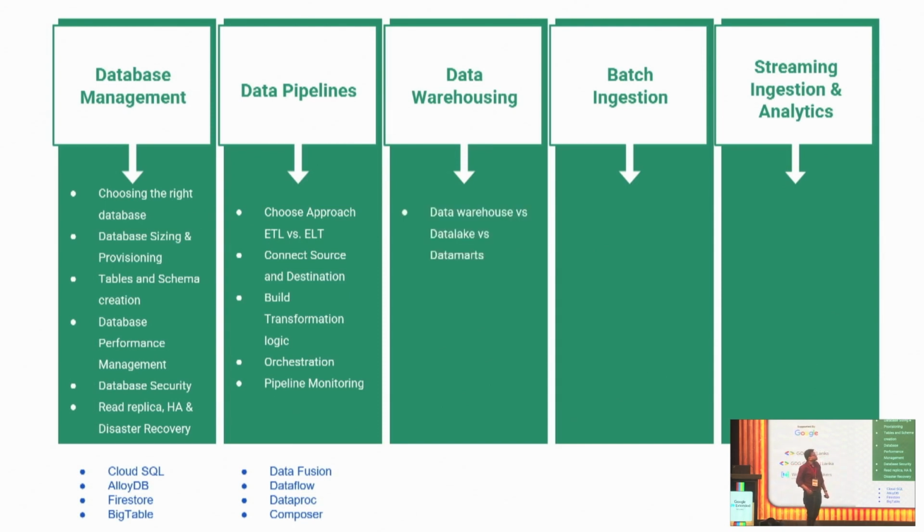For data warehousing, you have to think about whether I need a data warehouse or data lake or data mart. Choosing the right storage mechanism and analytics engine. So, do you want BigQuery, or you want Snowflake, or you want Redshift?